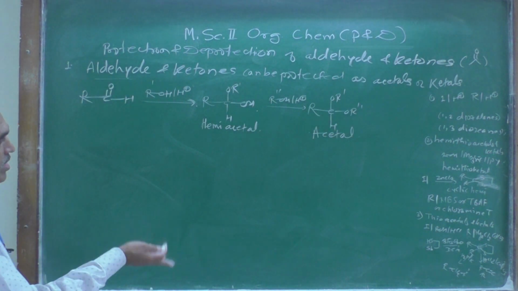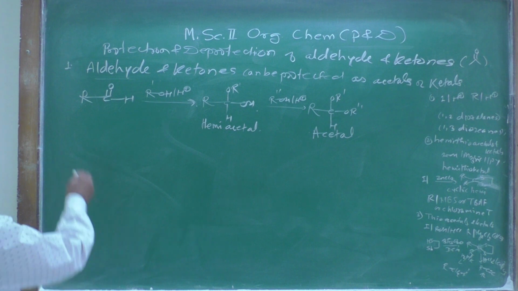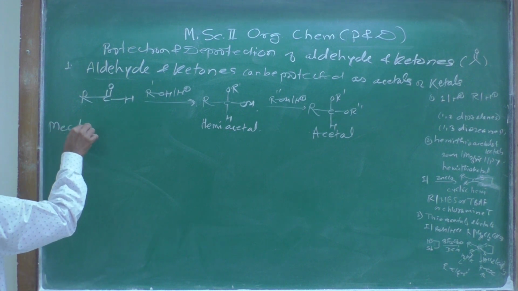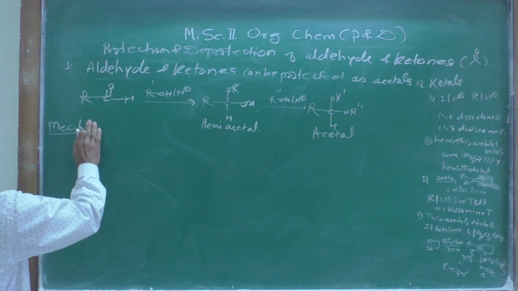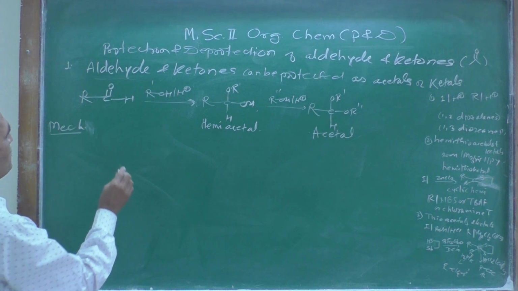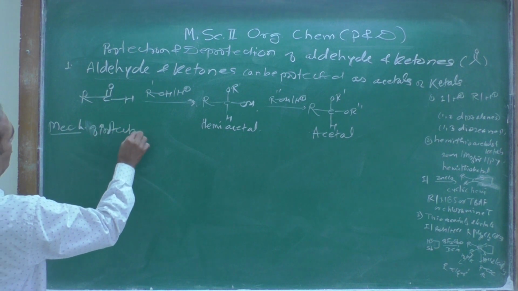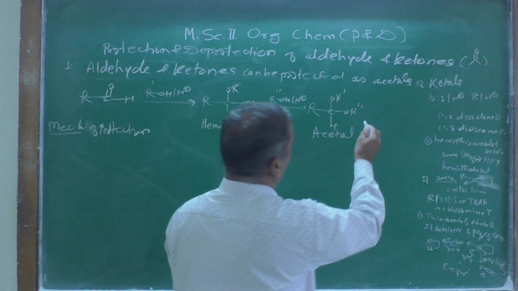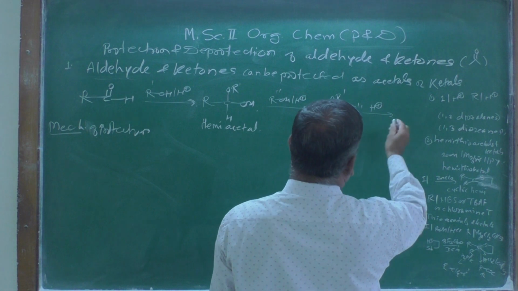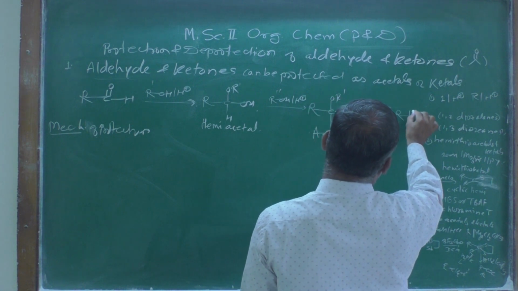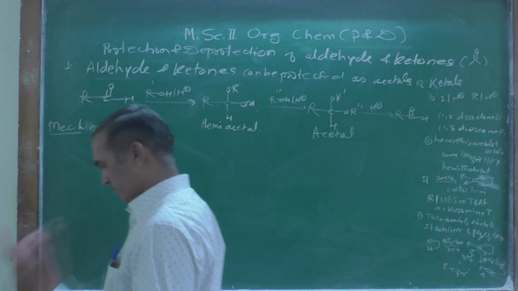Now let us look at the mechanism for the formation of protection and deprotection, which can be carried out under acidic condition, and we get back RC double bond OH, the aldehyde, and the alcohol.